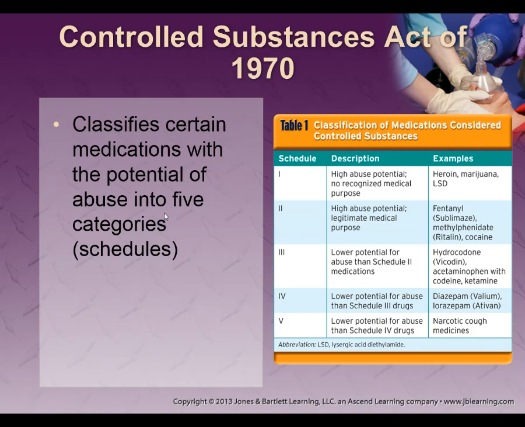Heroin, marijuana, LSD, PCP, they are not sold legally for human consumption. There's no recognized medical use for them, and they have a high potential for abuse. Schedule 2 drugs have a high potential for abuse, but they have legitimate medical use.